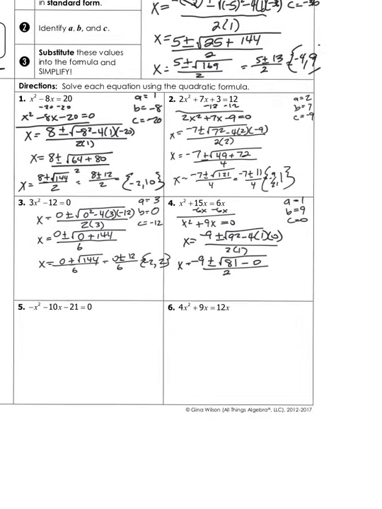Go ahead and start simplifying inside the radical. 9 squared is 81 minus 0, over 2. x equals negative 9 plus or minus the square root of 81 over 2.